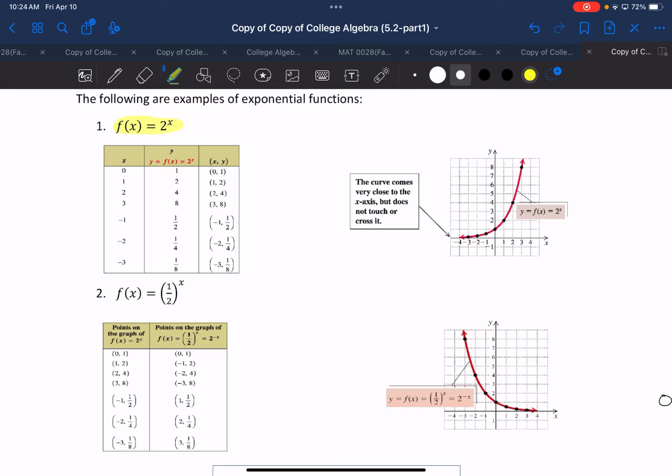In this case, our base, which is 2, is greater than 1. When the base is greater than 1, our function is going to look like this. It's going to be increasing from left to right.